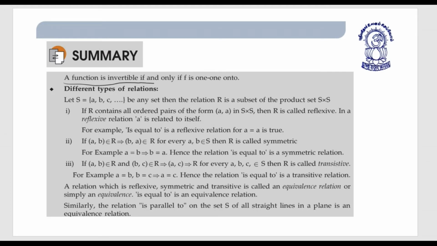A function is invertible if and only if it is one-one onto. Different types of relations. Let S be any set, a relation R is a subset of the product set S cross S.